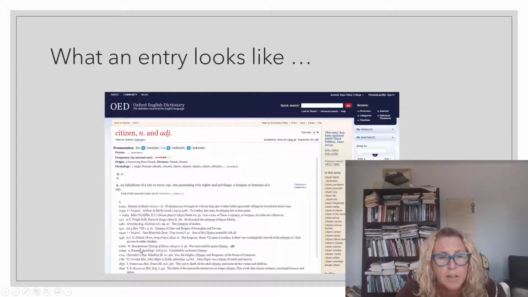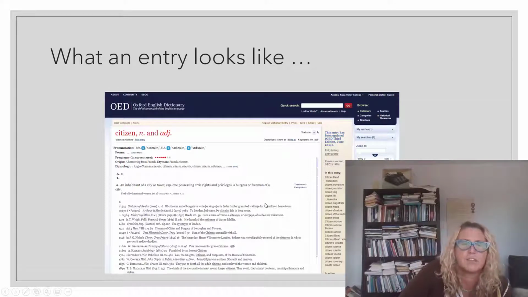So for example, in William Shakespeare's play Taming of the Shrew, there was a line, "Pisa renowned for grave citizens." Or let's see, what's another one that you might know? The Bible. "I am a man of Tarsus, a citizen or burgess of a city not unknown."